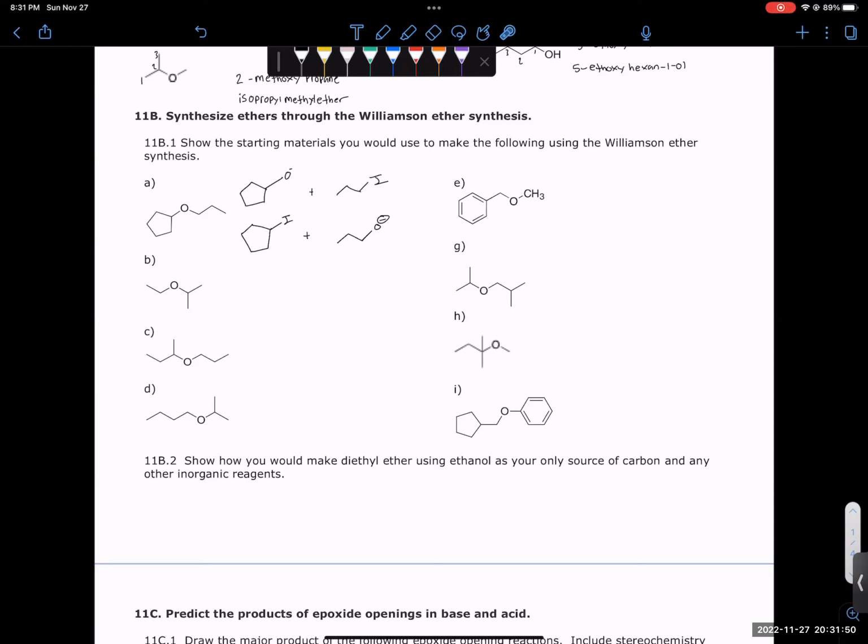So the one that I would say is the best bet is the first one here. Now you say why? I would argue that since we have a primary alkyl halide here and a strong nucleophile, this primarily will go SN2, right?